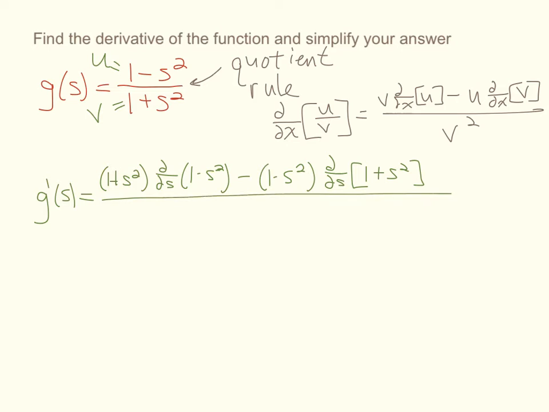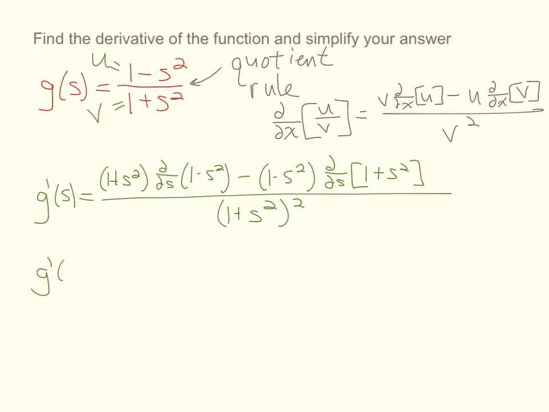And we will divide all of that by v squared, which is 1 plus s squared, squared. In this next step, we will go through and take the derivatives of these little portions here. And then we will simplify it.